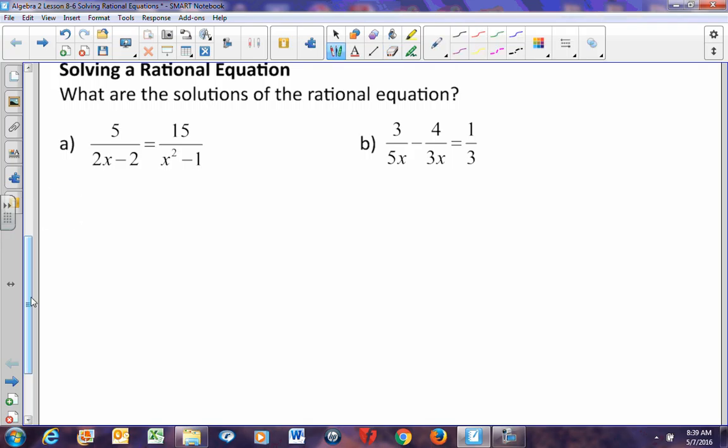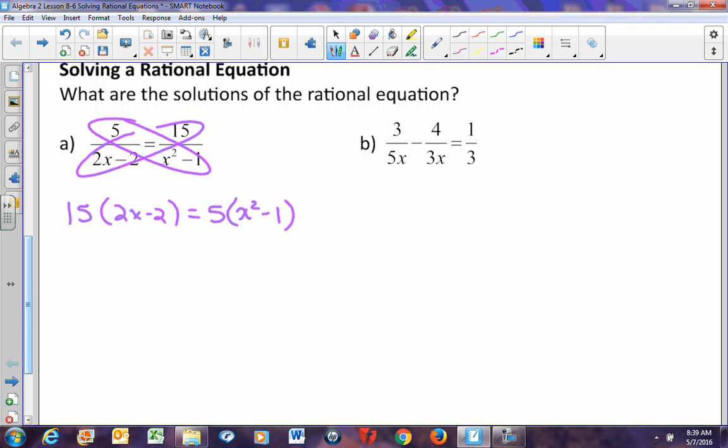I'm going to put down 15 times (2x minus 2) equals 5 times (x squared minus 1). So all I'm doing is multiplying my cross products. Now I'll simplify by multiplying that through. So I get 30x minus 30 equals 5x squared minus 5.